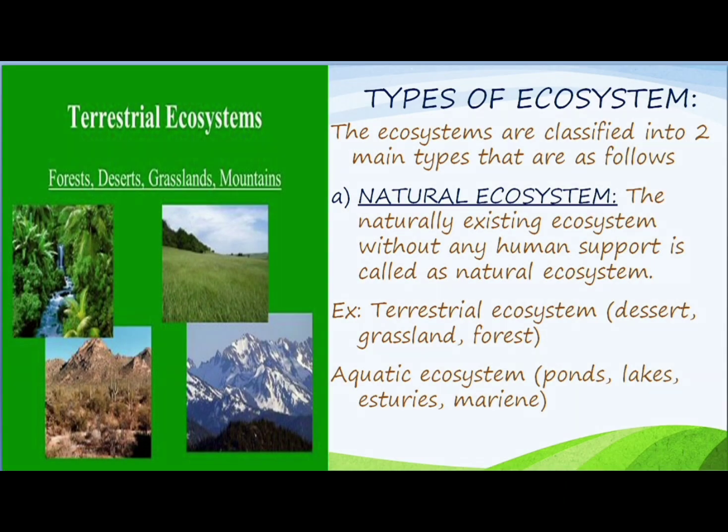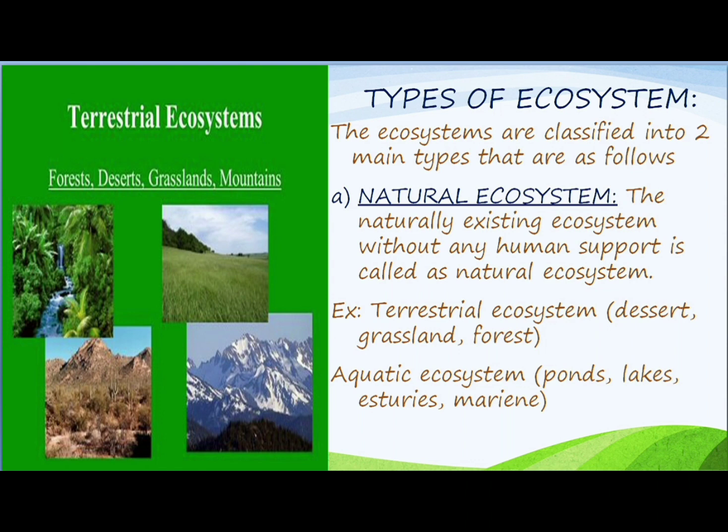So coming to the next concept, the types of ecosystem. There are many types in this ecosystem. The two very important types are natural ecosystem and artificial ecosystem. Natural ecosystem means the naturally existing ecosystem without any human effort. It occurs in nature naturally.